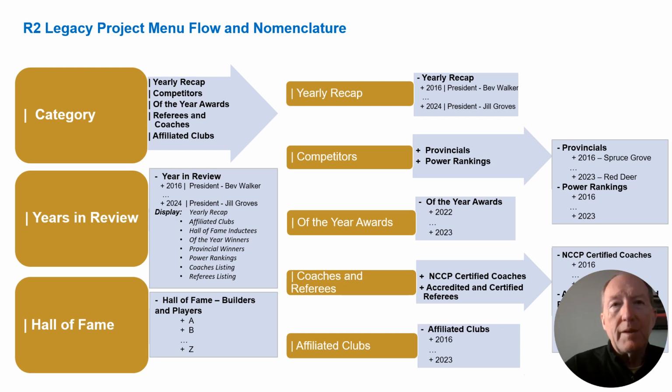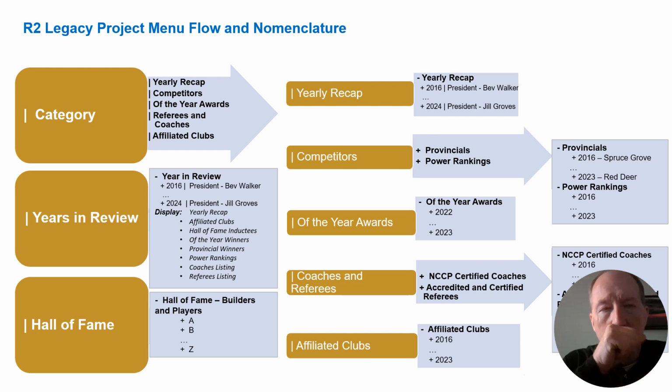Again, all the data is already in the system at different parts of the menus and different tabs, but for the yearly recap, for 2022, it'll have all the affiliated clubs, all the 2022 Hall of Fame inductees, all the 2022 of the Year awards, who won the provincials that year, power rankings, coaches listings, and referees listings. So again, all the data is there. We're just listing or streaming it all in one large summary for the year, 2022, for example.